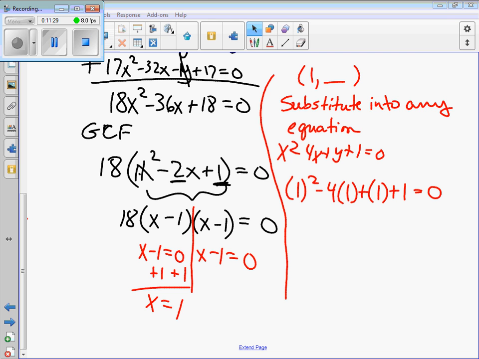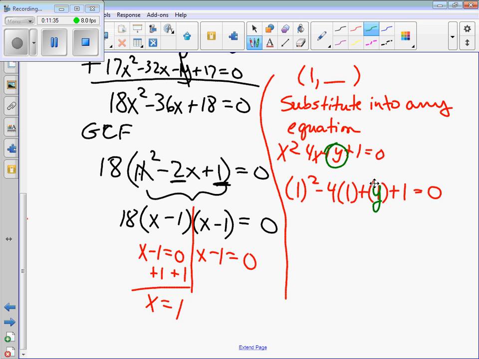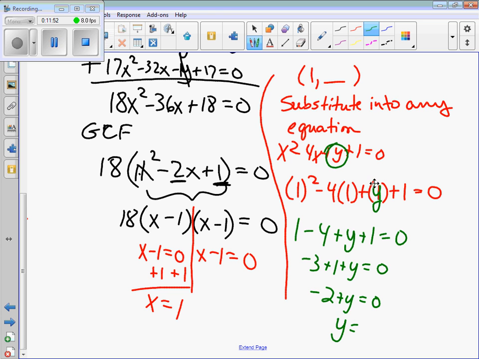This y's got to stay y. 1 minus 4 plus y plus 1 equals 0. That's negative 3 plus 1, so y's adding 2 to get y equals 2. So 1, 2 is my solution.